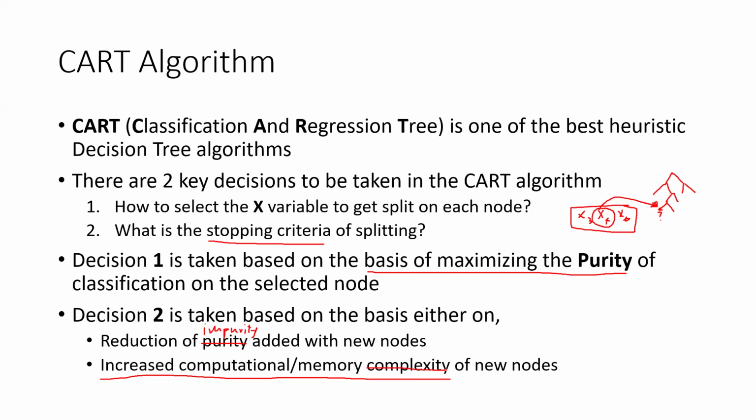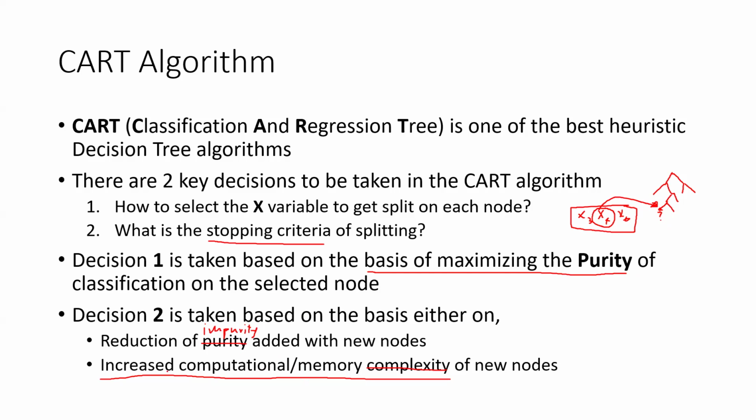If your reduction of impurity is very small, and it would increase the computational burden much more in this decision tree, then it would not be worth adding a new node into this tree, right?